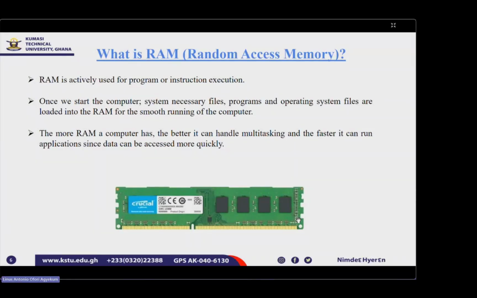But the RAM is a randomly accessed memory. Okay? So as we explain the RAM, we would go ahead to explain in detail what the ROM is with its features as well. So let's finish with the RAM, and then I would introduce you to the ROM. Okay? Okay, sir. All right.